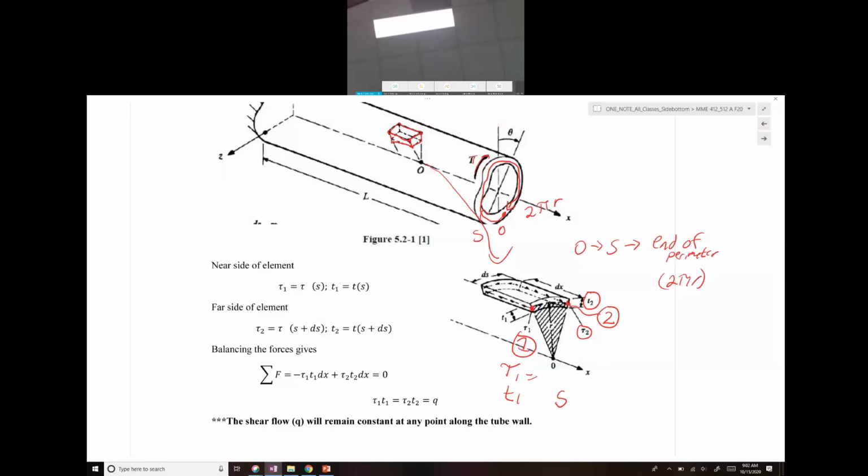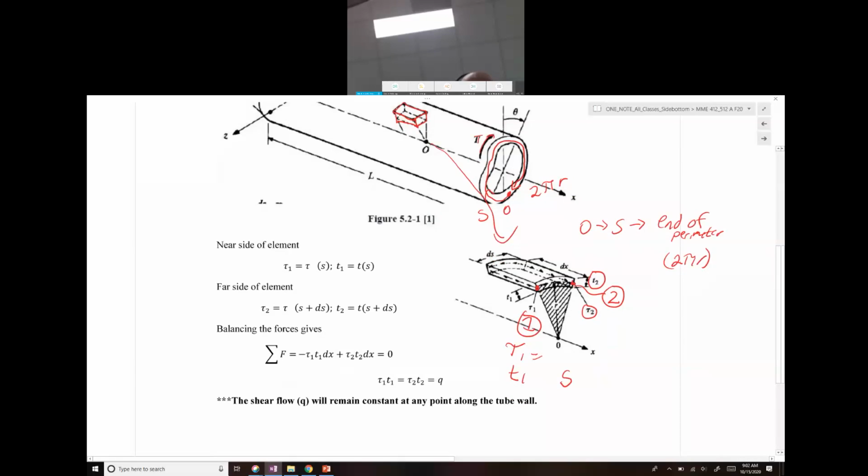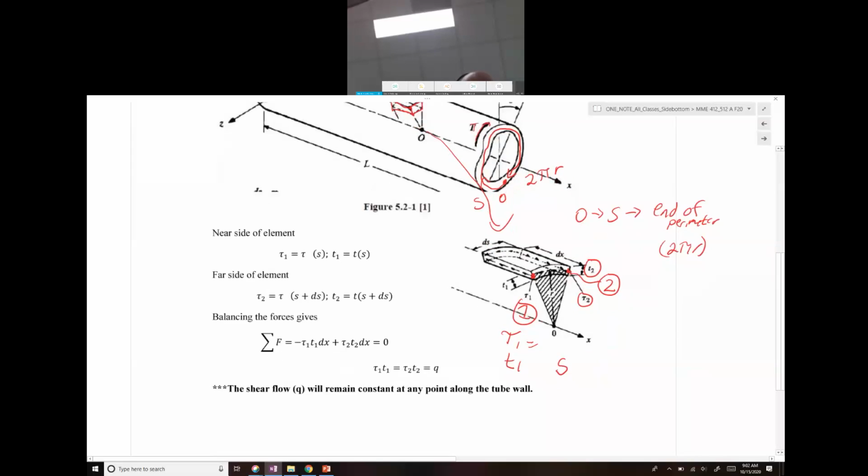Okay, so we can define tau 1 and T1, and tau 2 and T2 using functions by saying the shear stress is a function of S, or a function of its location along the perimeter. We can do that for T as well.